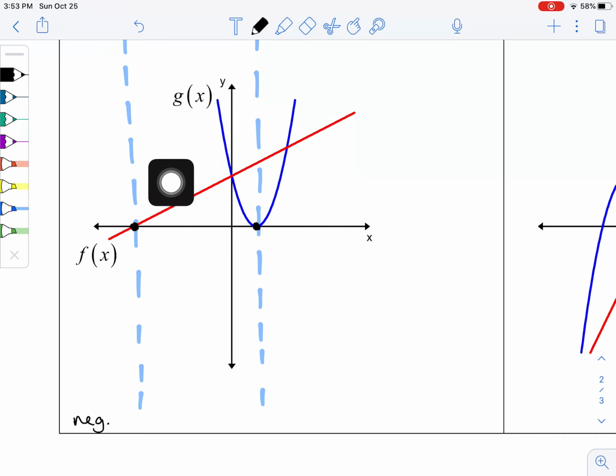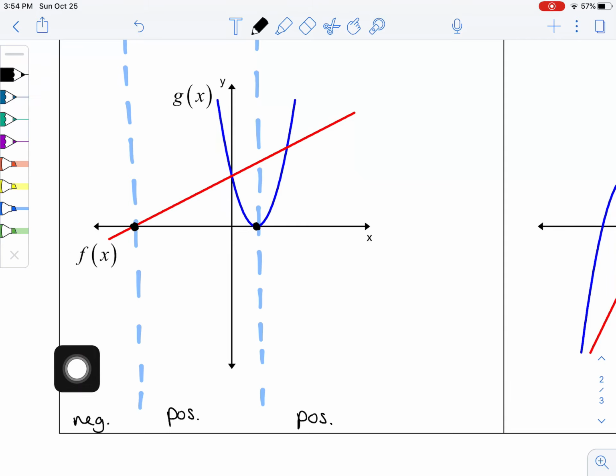So this is positive. All right, positive times positive is still a positive. Come over here on the right side of the whole graph. The red line is above the x-axis, it's positive. Blue curve is above the x-axis, it's also positive, so it is positive.